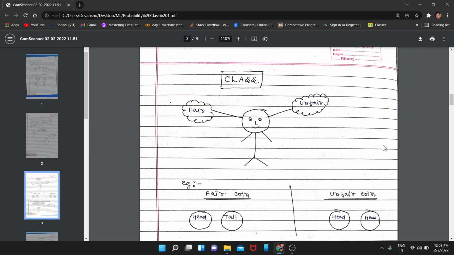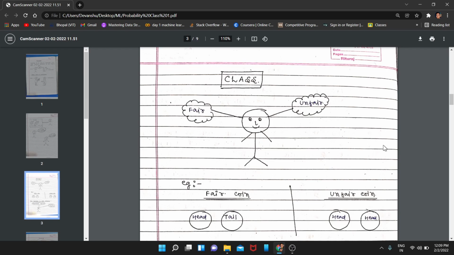Now our class starts. First, we are going to look at two simple terms of probability, that is fair and unfair. Fair means something which is natural. If you roll a dice, the numbers which are possible to occur on the dice are 1, 2, 3, 4, 5, 6.